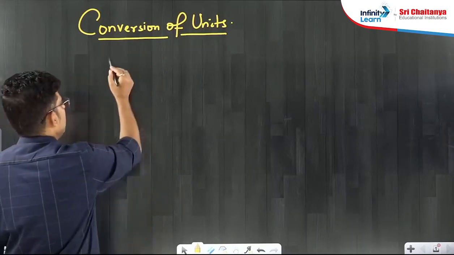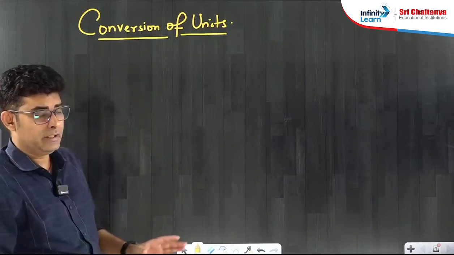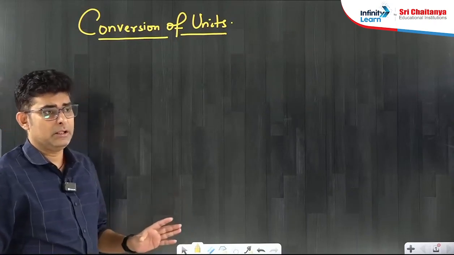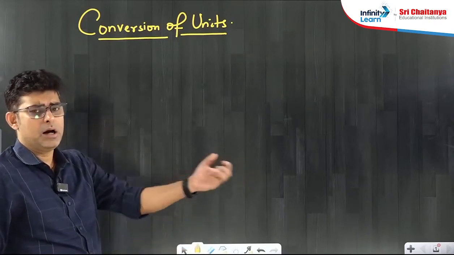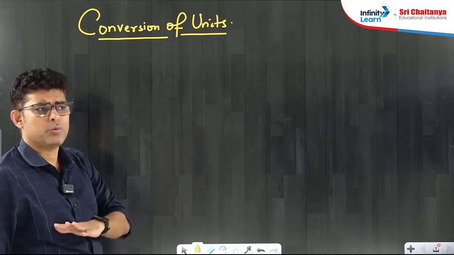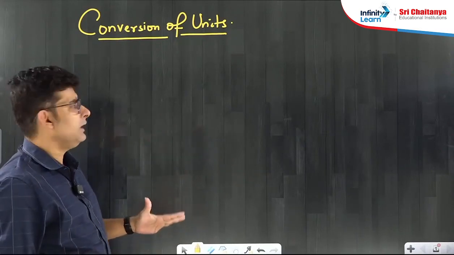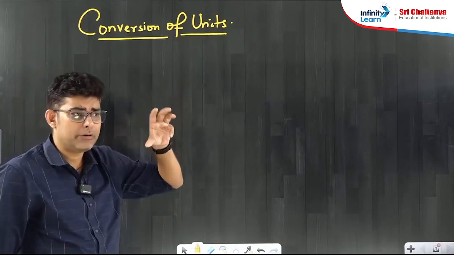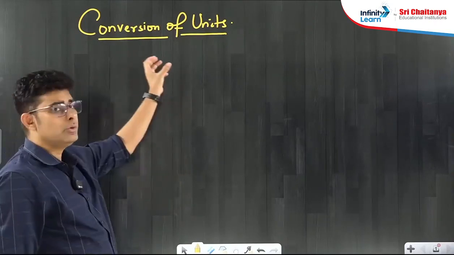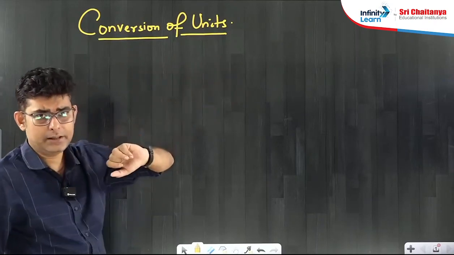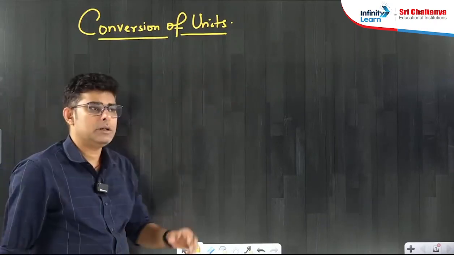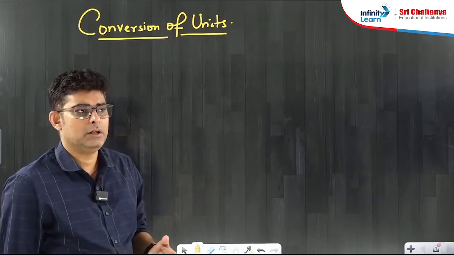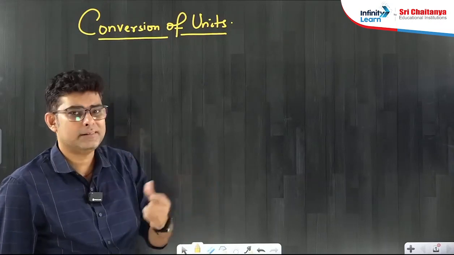Now what happens is that whenever we have any physical quantity like length, mass, energy, force, whatever it be, that physical quantity will have a definition only when you allot a unit for it, right? For example, suppose I ask you that I have measured something and I got the value as 10.